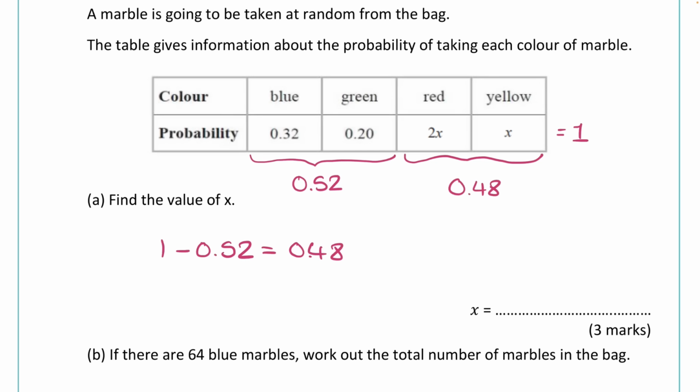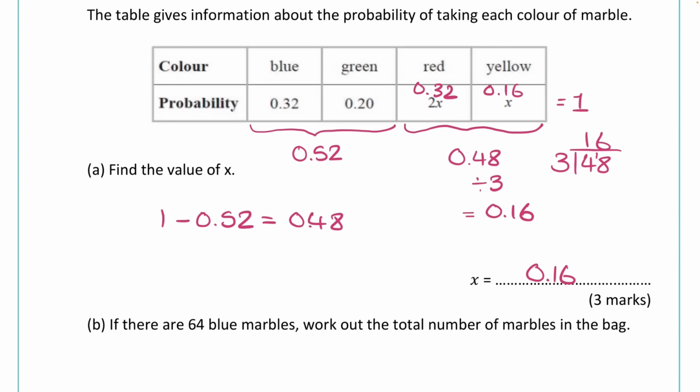So we want to divide that by 3. I could just do the whole number 48 divided by 3, which is 16. So that's 0.16, and that's the value of 1x. Of course, if we needed to, we could write them in the table, and this would be double that, so 0.32. But there we go, the value of 1x there being 0.16.